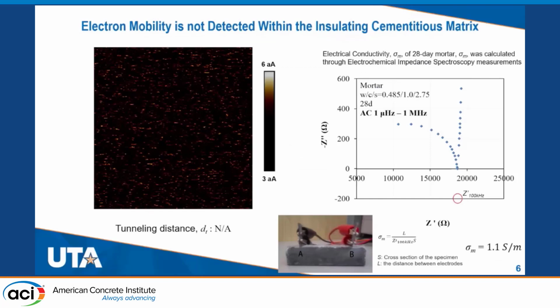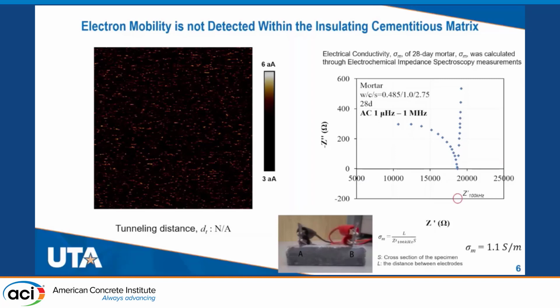In this slide, I will start with the AFM imaging of a plain mortar. Here we didn't use conducting nanotubes, and in the left part of this slide, the current mapping shows that we do not get any signal.